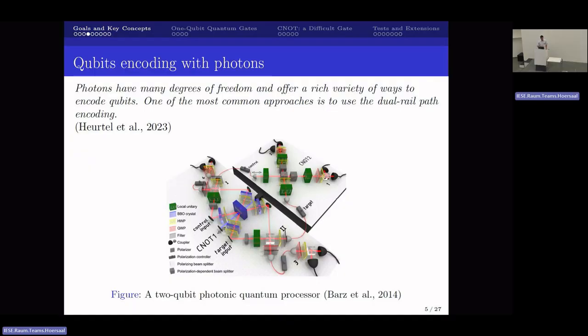I want to put an emphasis on one sentence from Hertel's paper introducing a library for photonic quantum computation: photons have many degrees of freedom and offer a rich variety of ways to encode qubits. We saw in a previous presentation an encoding by Orca Computing, and one other, which is the most common approach, is the dual rail or dual path encoding.